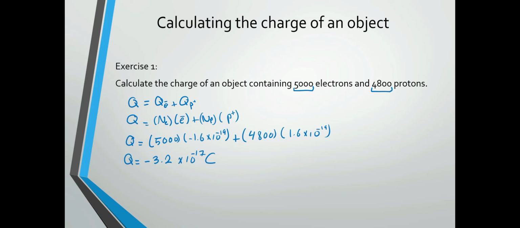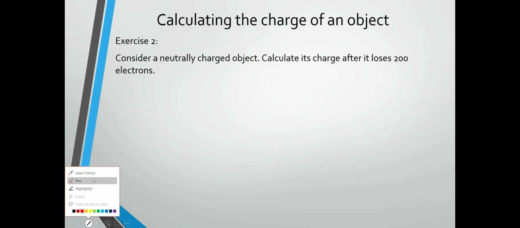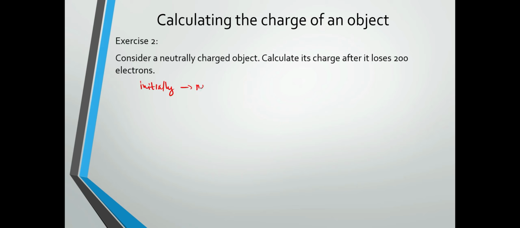So another example, consider a neutrally charged object. So initially, the initial condition, the object was neutral. Calculate its charge after it loses 200 electrons. So the loss of electrons resulted in a charge, we will call it Q. Since the object was initially neutral and now it carries a charge, this charge is directly related to the loss of the 200 electrons.